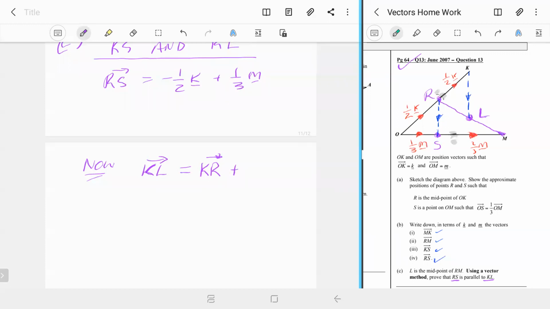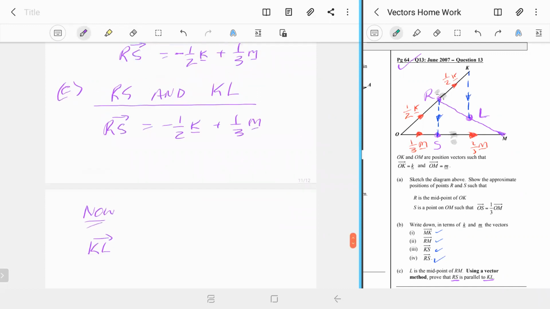Let's write it over here, where we have the space. We go K to R, and then R to L. But R to L is really half of RM, isn't it? Yes, sir. All right, let's go again. We need the KL to use up here for the comparison. So we need to find the KL.